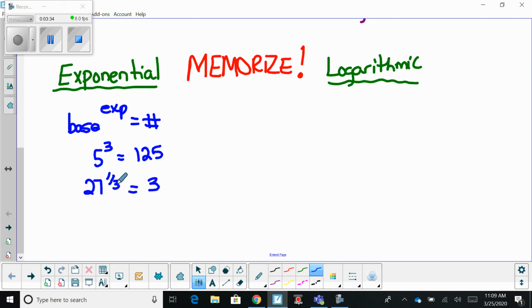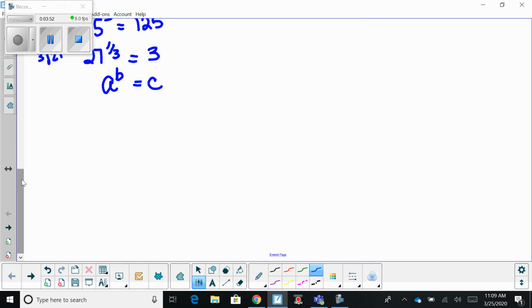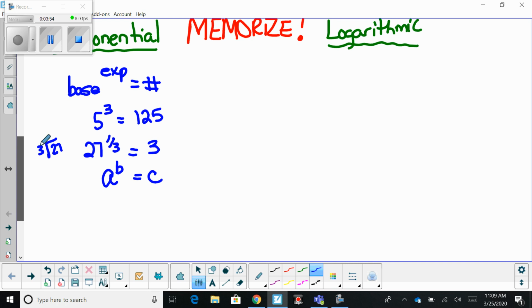Remember that rational exponents are the same thing as roots. 27 to the 1/3 is the same thing as the cube root of 27. I might also just see variables. A raised to the b is equal to c. Okay, that is what exponential form looks like.